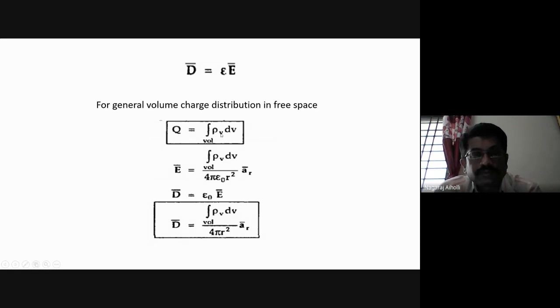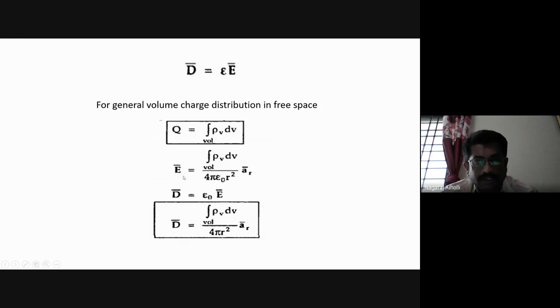Rho V is the volume charge density, charge per unit volume. So rho V is Q by V, or dQ by dV. The dV in the denominator and the dV in the numerator will get cancelled, and we get LHS is equal to Q, and RHS will also be equal to Q.